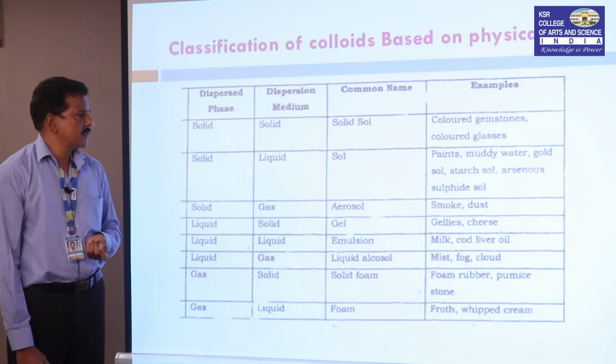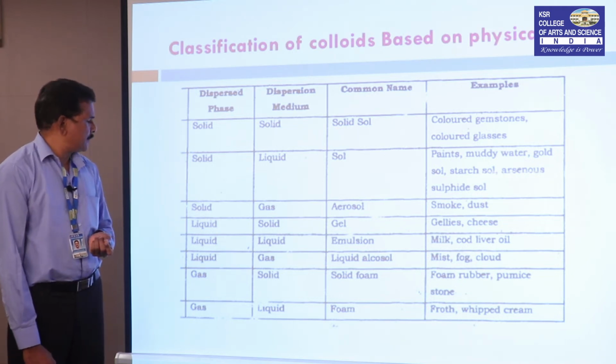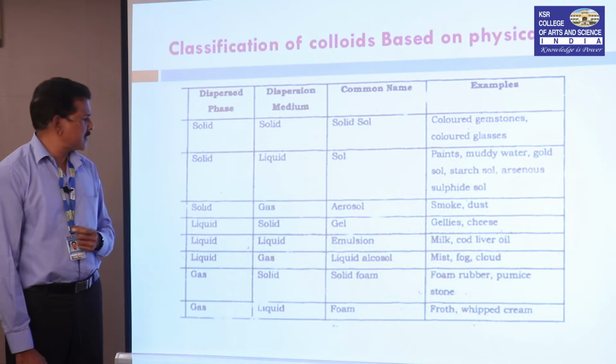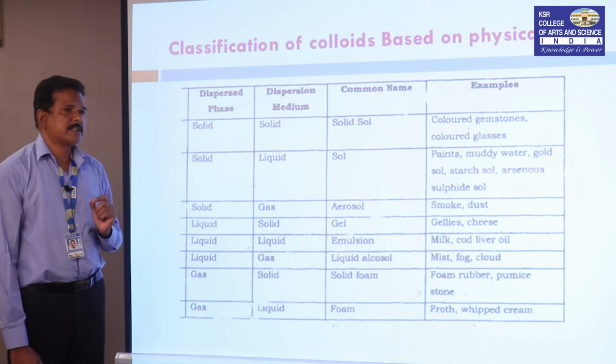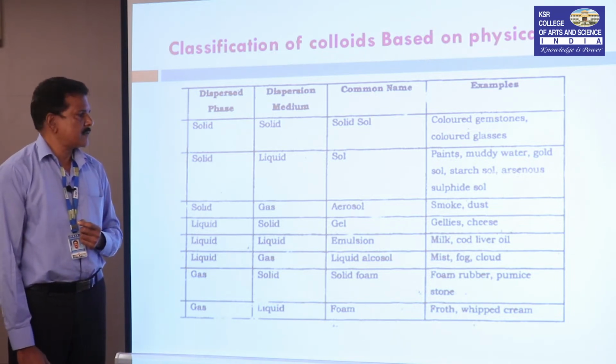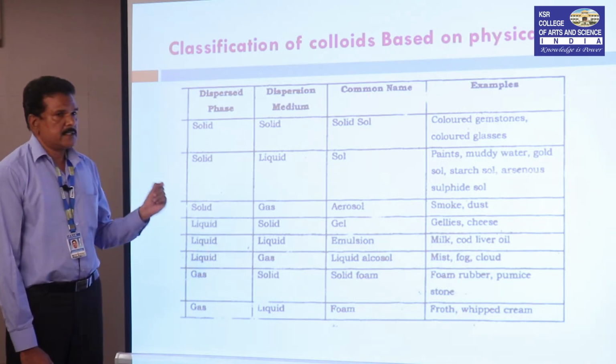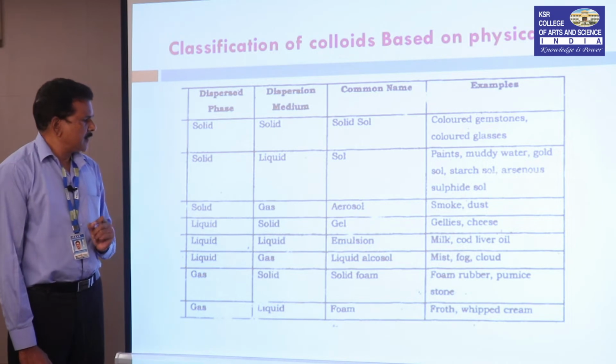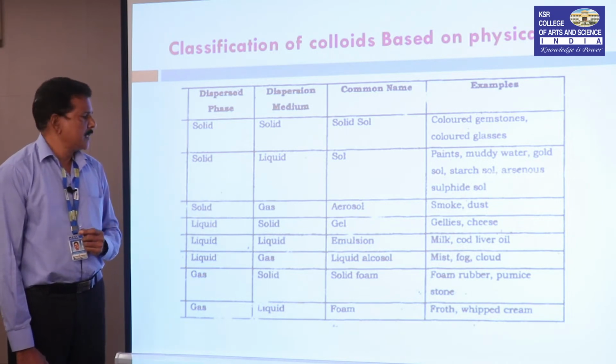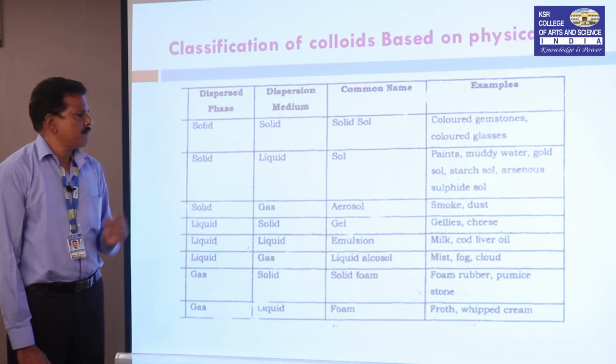Examples are gel, cheese, etc. Then if the liquid is dispersed in a dispersion medium of liquid, that is said to be emulsion. Examples are milk, curd, etc. Then if the liquid is dispersed in gas, the colloidal system is said to be liquid aerosol. Mist, fog, cloud, etc.